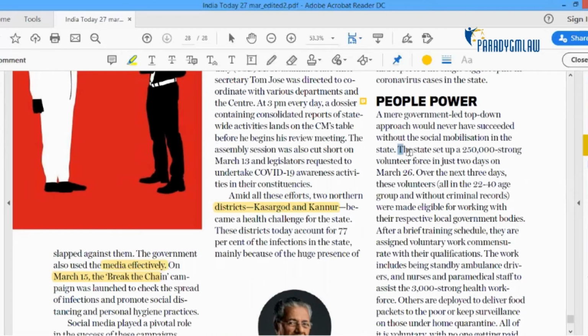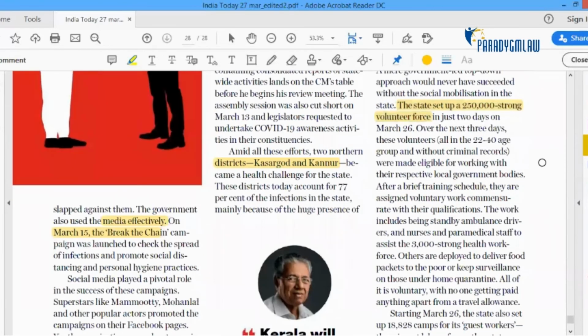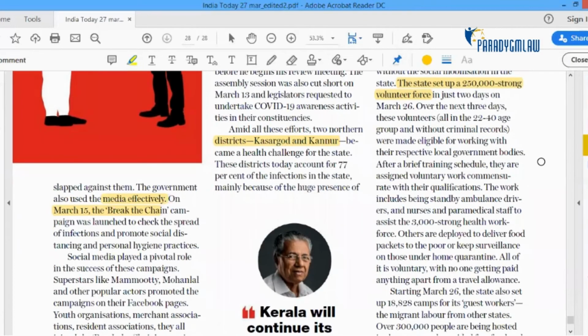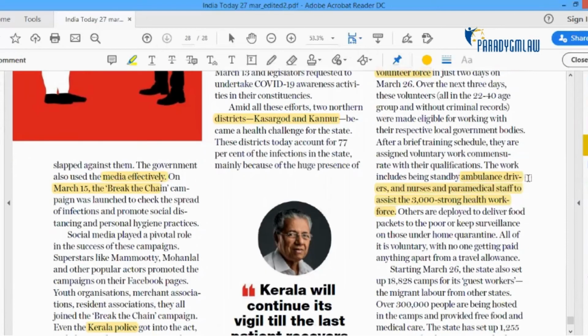So the importance of the volunteer force is being highlighted. So volunteer workers would also be standby ambulance drivers, nurses, and paramedical staff. Okay, and they would assist the 3,000 strong healthcare workforce.